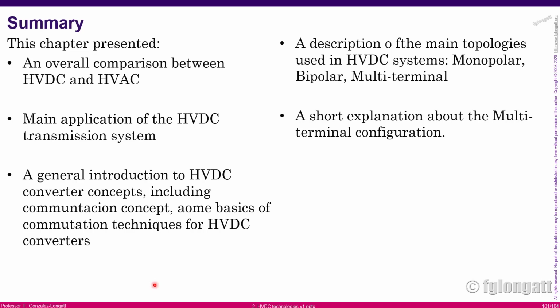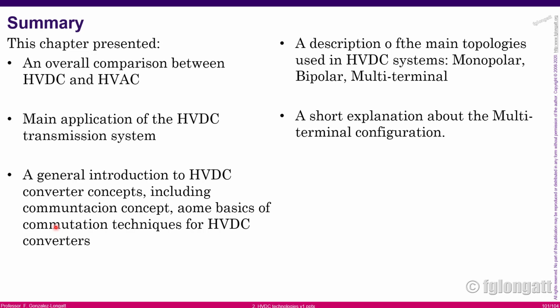In this chapter, I presented an overall comparison between DC and AC high voltage, HVDC and HVAC. I presented also the main applications of the HVDC transmission system: interconnected asynchronous systems, embedded into the AC system, and point-to-point connection. Then I presented some introduction about power electronic converters.